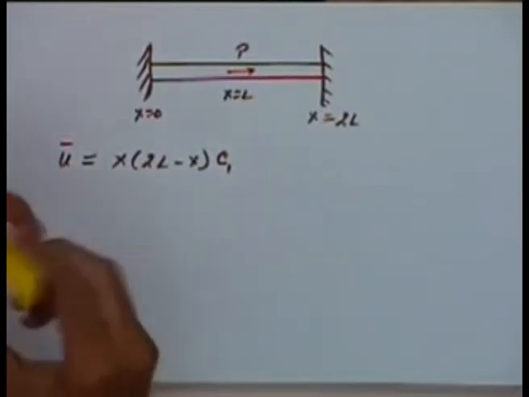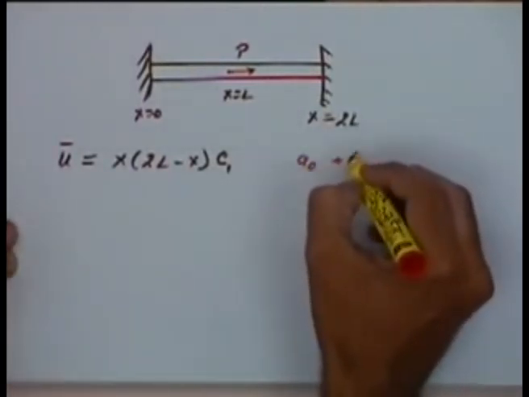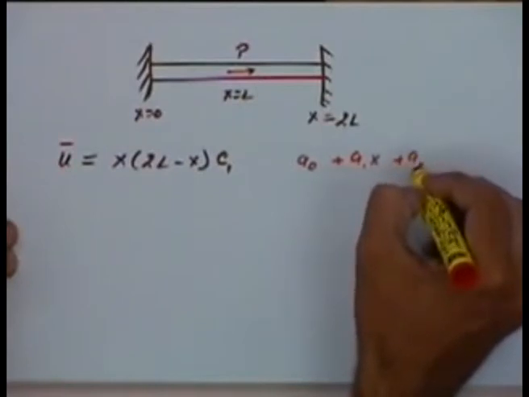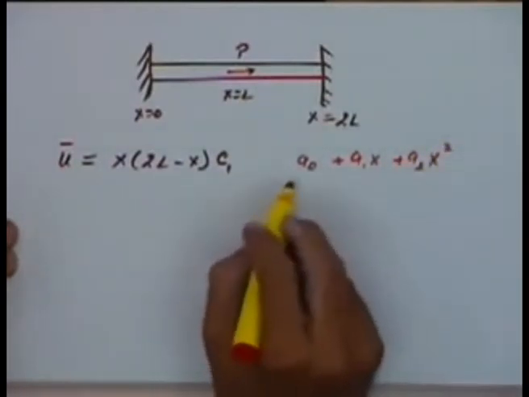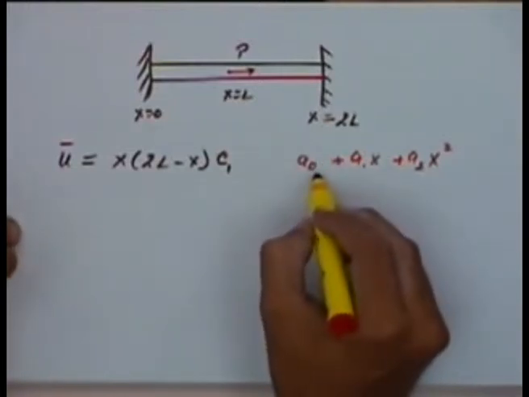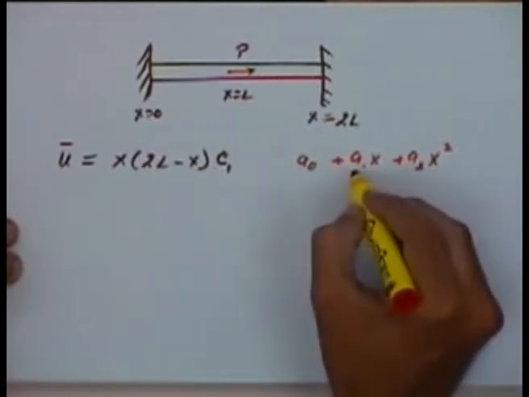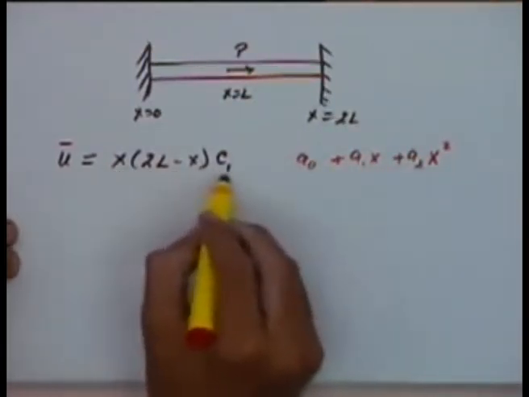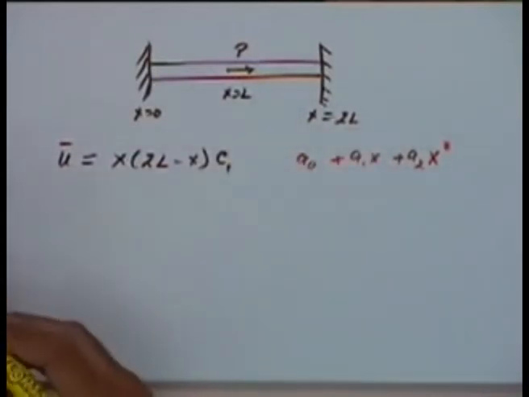If you remember, we said that u is equal to a0 plus a1x plus a2x square, and then we said that u at x equal to 0 is 0, so a0 is 0, and u at x equal to 2l is also 0, so we got another condition and an expression similar to this. I think instead of c1 we were using a2 or something like that. So we will take this expression for u bar.